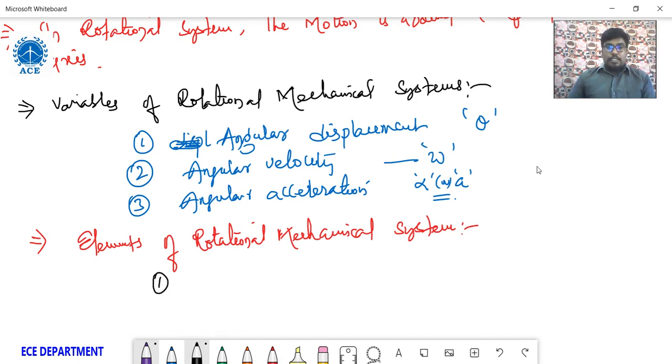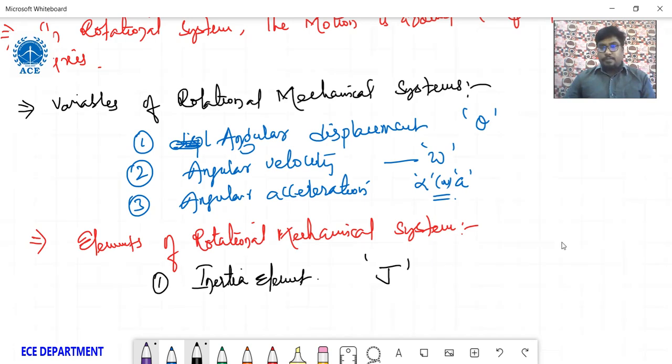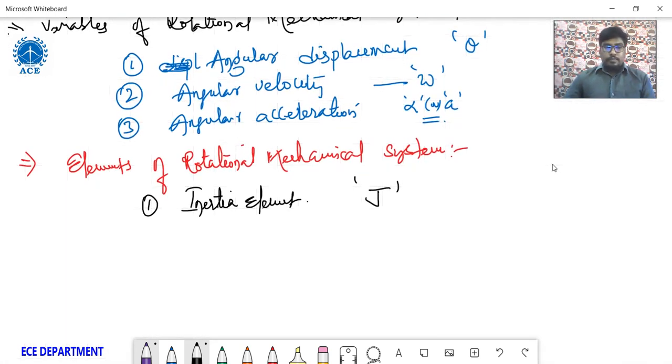The first one, in this case, we call inertia. The inertia element is represented with capital J. The major property of the system in which kinetic energy is stored in a rotational system is called inertia. I will write this one here.